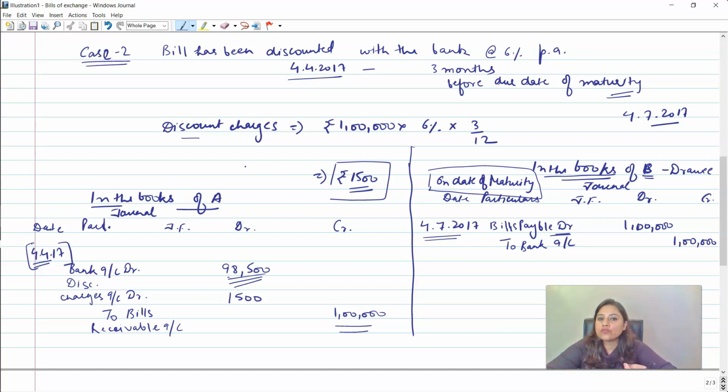On the date when the bill was discounted with the bank, no such entry needs to be passed in the books of drawee, as the holder is the one who is getting the bill discounted from the bank, and drawee has no role to play in that. So the payment would be done by the drawee on the date of maturity, and such payment would be received by the bank which has discounted that particular bill of exchange.